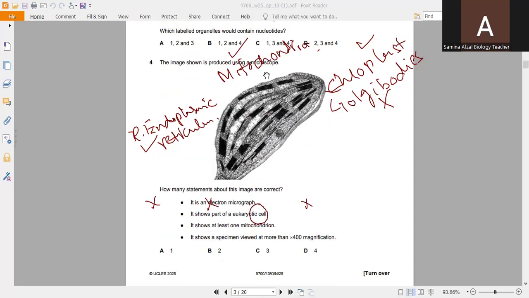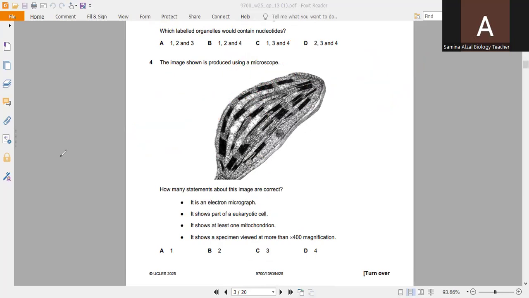Now question number 4 shows an image taken using a microscope. How many statements about this image are correct? It is an electron micrograph.